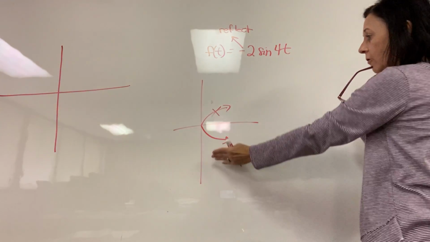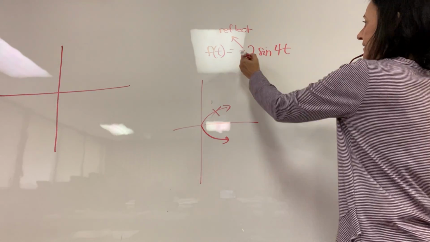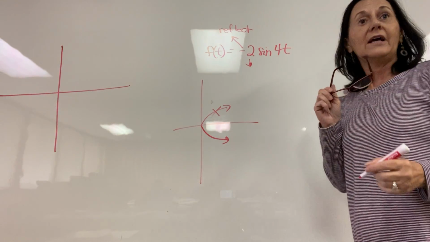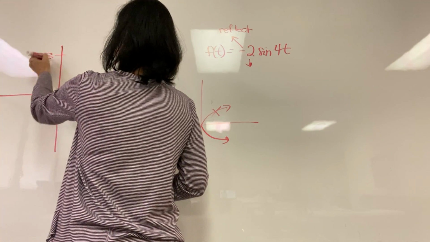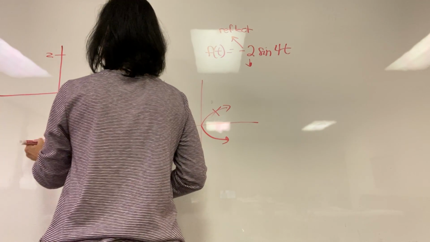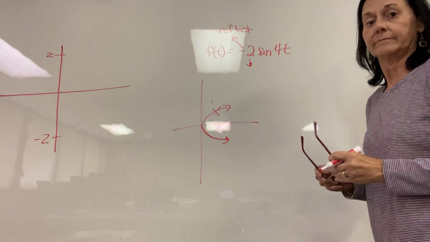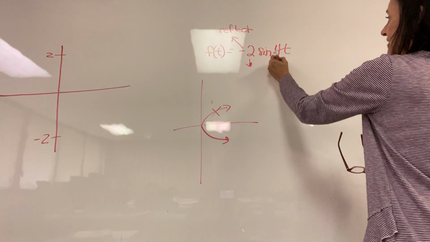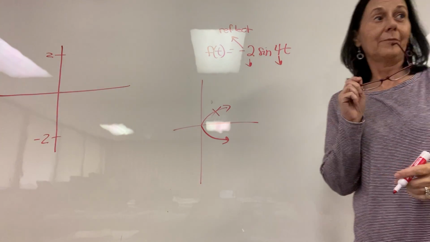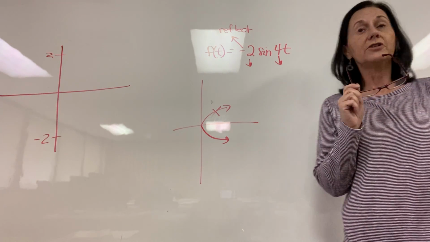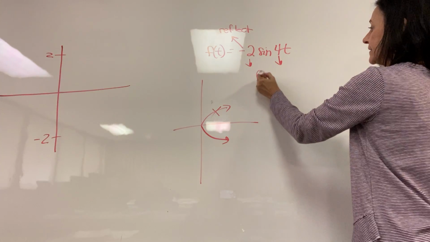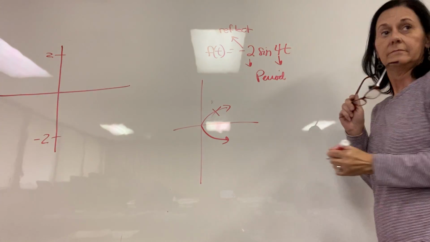We're reflecting it across the x-axis. That 2 tells me the amplitude, so we're going to go up to 2, down to -2. This 4t says I'm going to complete 4 cycles between 0 and 2 pi. So what's the period to complete one cycle?